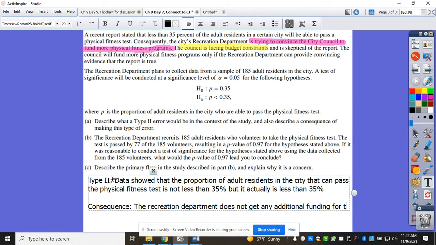No funding for the purpose. So that's the direct thing that's going to happen.